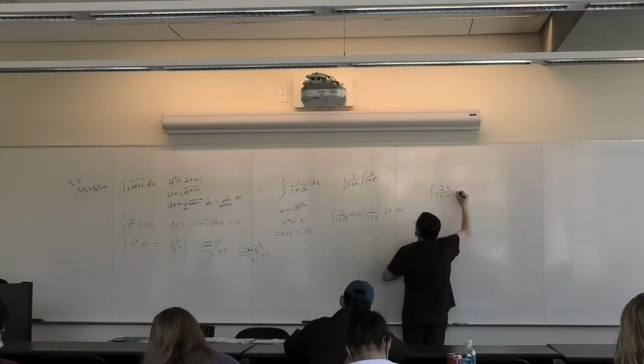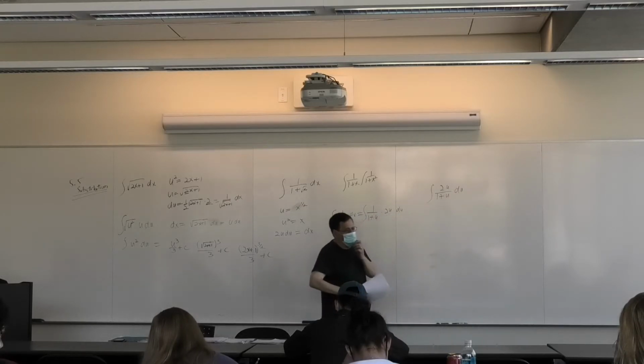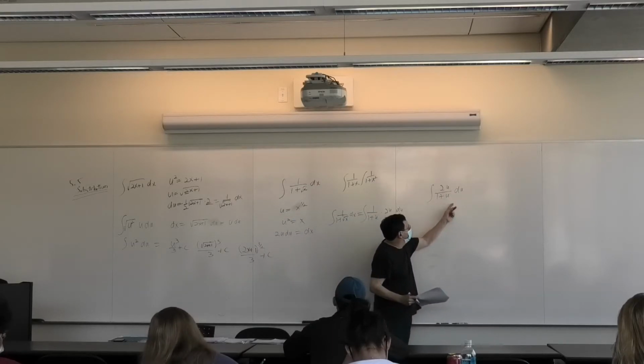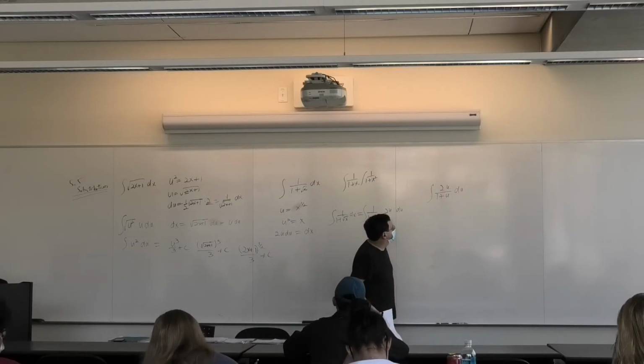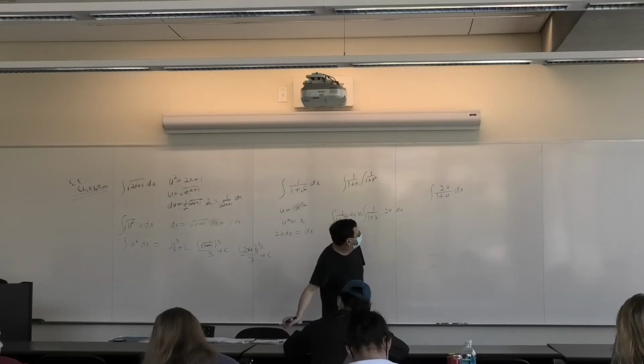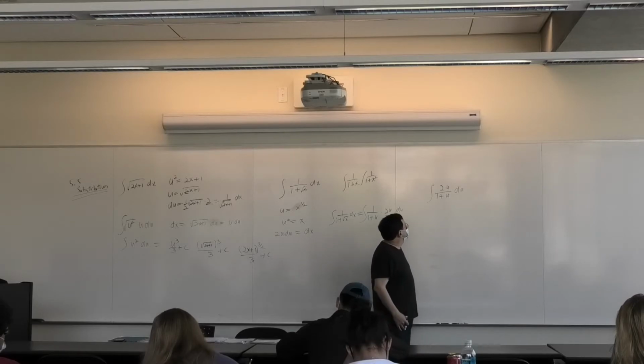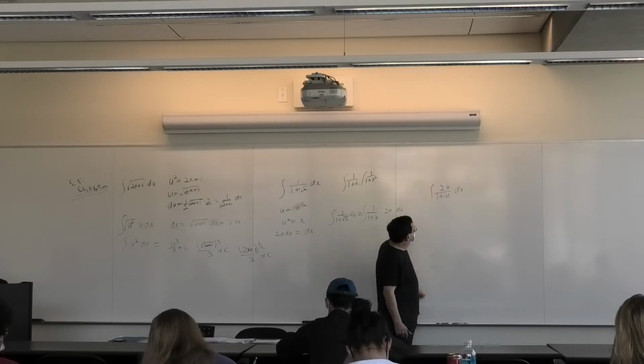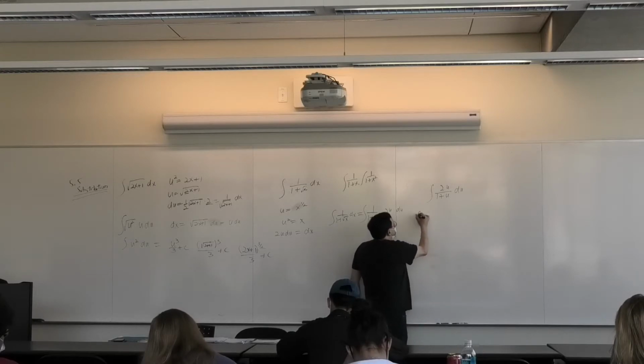Well, at first glance, this doesn't seem to have helped any because, again, we haven't seen what to do with this. It's not like the inverse secant or something like that. It doesn't fit that pattern of f prime over f.